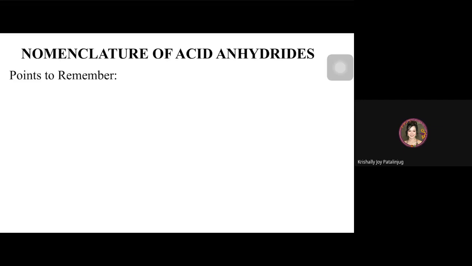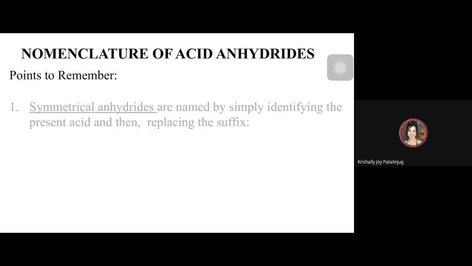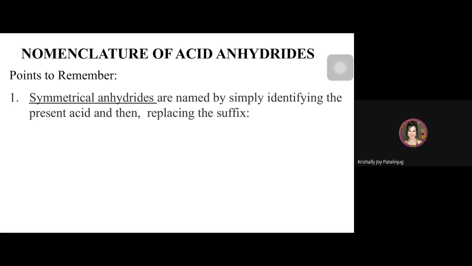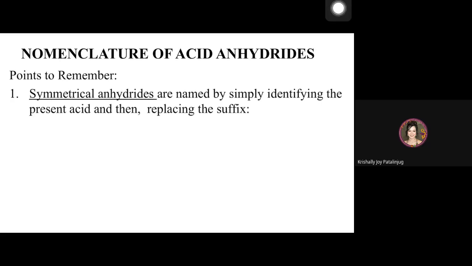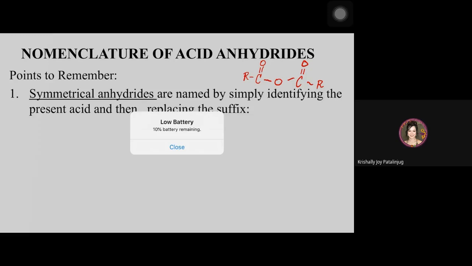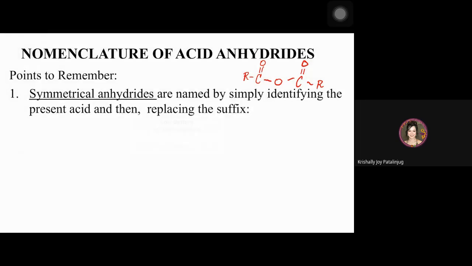Next, acid anhydride ta. So points to remember. Before that, ang acid anhydride first nga functional group, it's R, C double bond O, then oxygen, then another carbon double bond O, then R. Mura siya duha ka carboxylic acid, no?